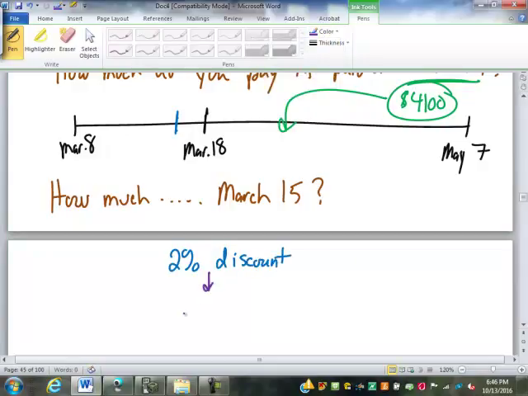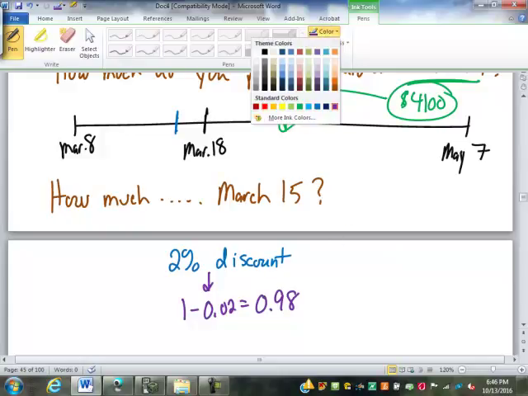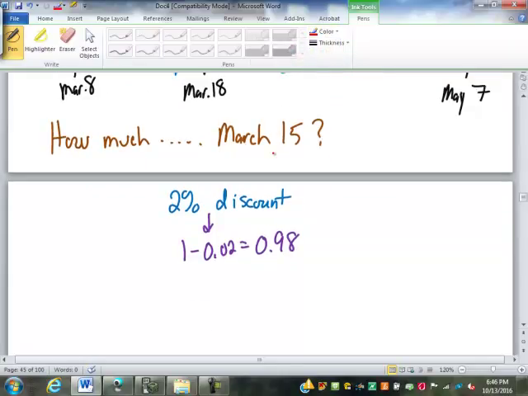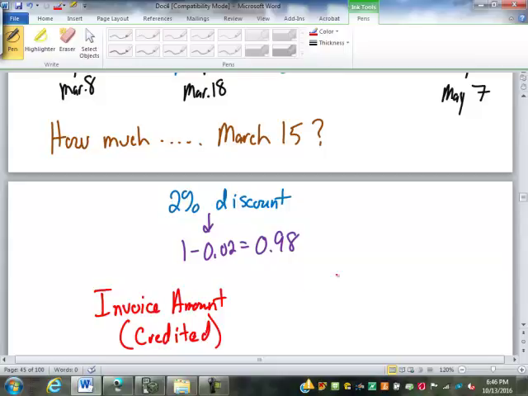That means we're going to do 1 minus 0.02, which is 0.98. So the invoiced price, invoiced amount, that is the amount that we're going to get credit for, times, this is what we call the complement.